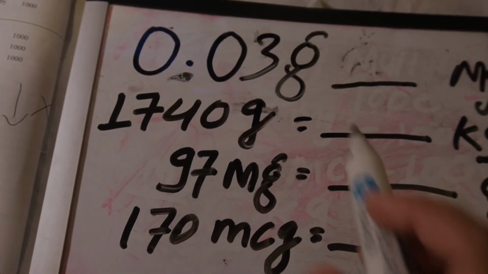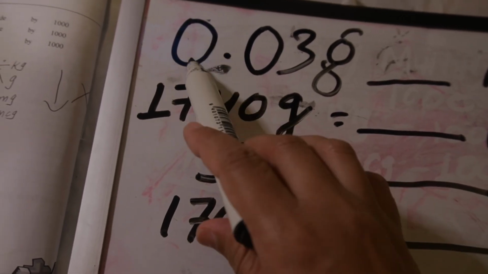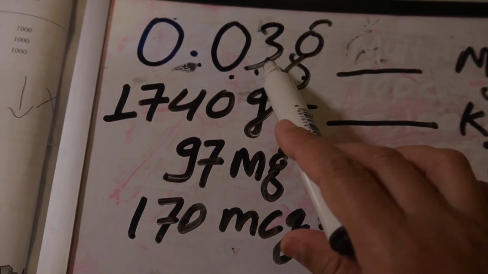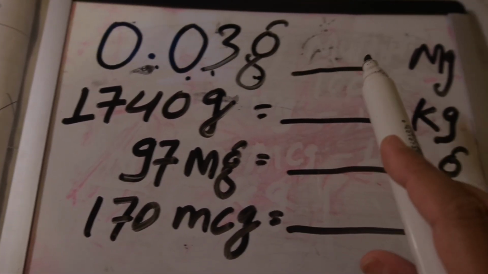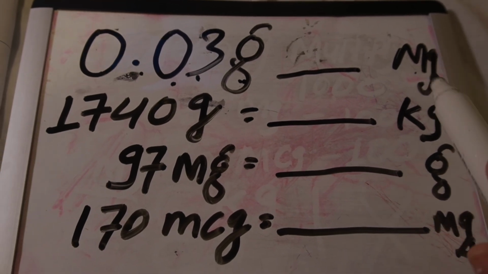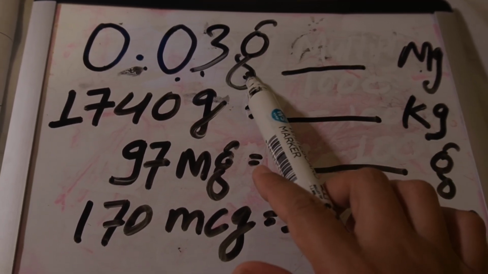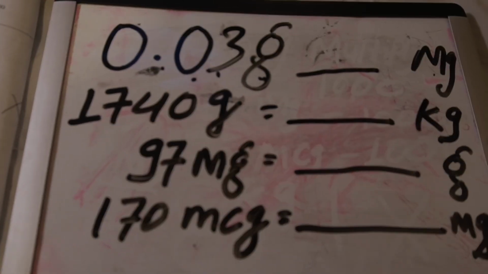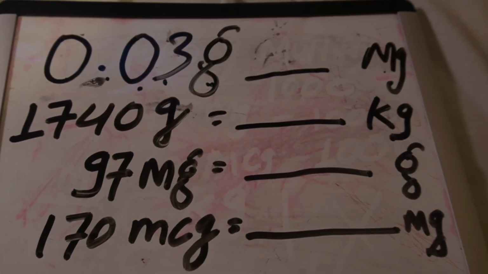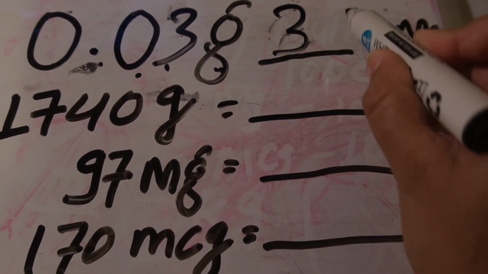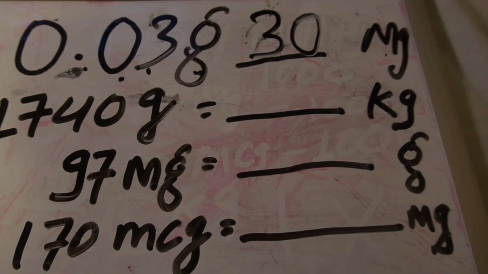Let's see this one. I have 0.03 gram. This is in gram, and we need to convert it to mg. Gram is the bigger one, then mg, so we multiply by 1000. When you multiply by 1000, it comes to 30 mg.